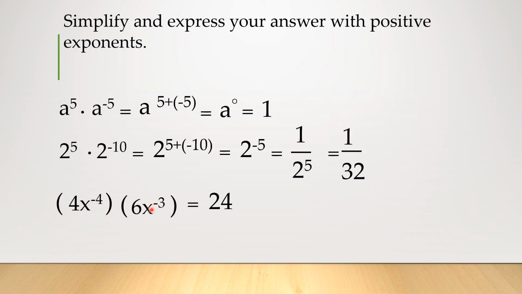So again, copy the variable x and add the exponent, that is negative 7. Negative 4 plus negative 3 is negative 7. So what are you going to do now? Since the exponent of x is negative, put that in the denominator. So 24 over x raised to the 7th power, it becomes positive now.